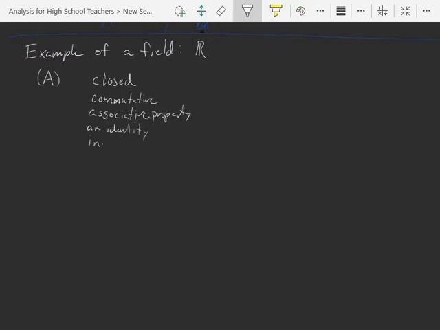And it has inverses. Multiplication has the same things. It's closed. It's commutative. It's associative. It has an identity. And it has inverses. And then we've got the distributive property, which shows how addition and multiplication interact with each other.